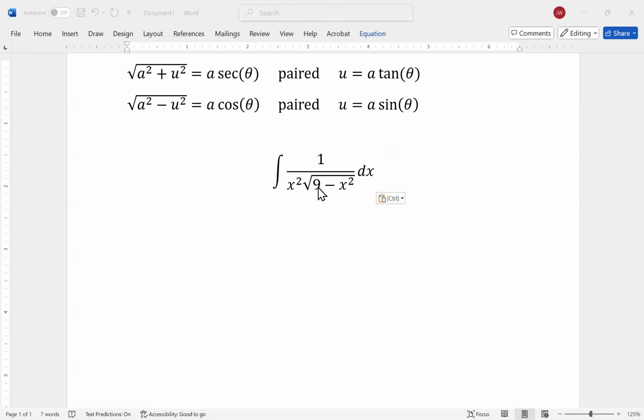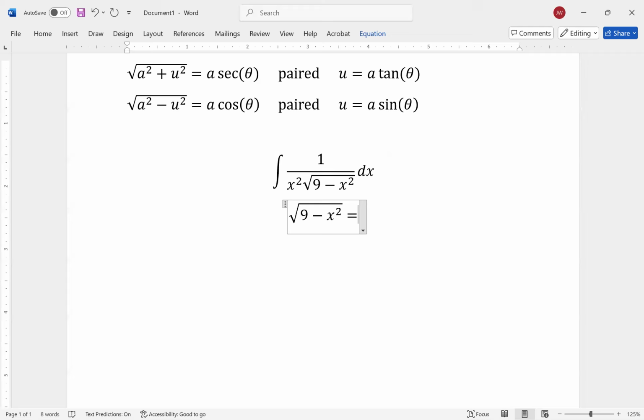Notice the difference between this one versus the last one. The last one we had x squared plus a squared. This one we have a squared minus x squared. So again, that's why we're using what we're using. Square root of 9 minus x squared. Again, u is equal to x in this scenario.